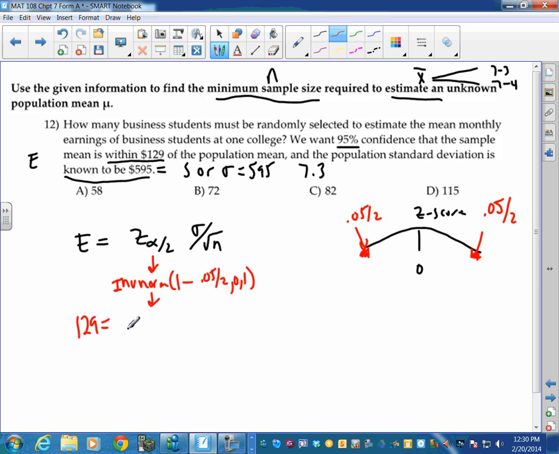We'll go about 4 decimal places. So Colby, what do we get? 1.9599. Very good. Then we times, what is the standard deviation?